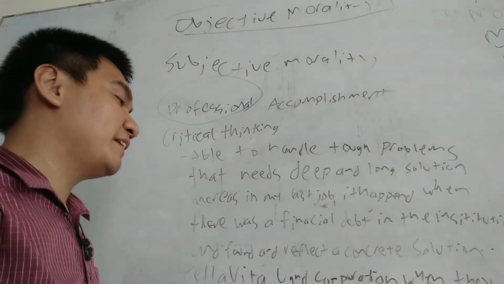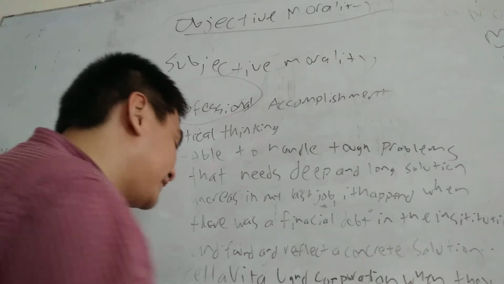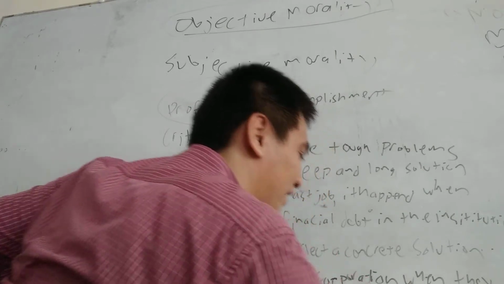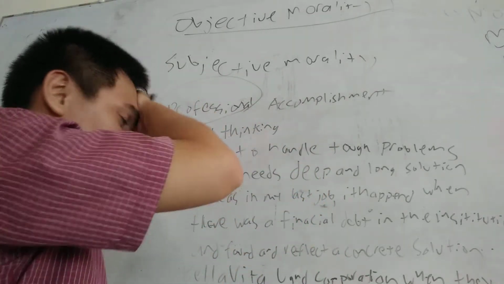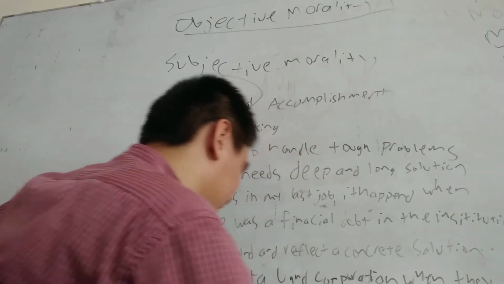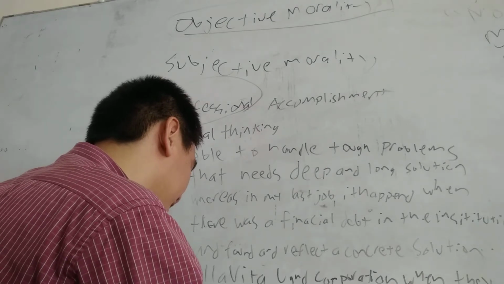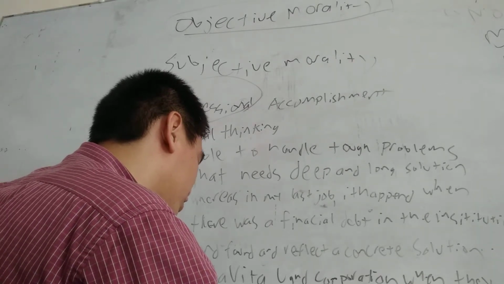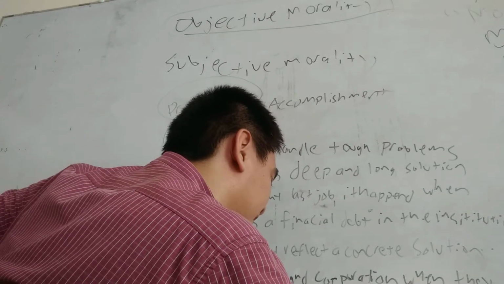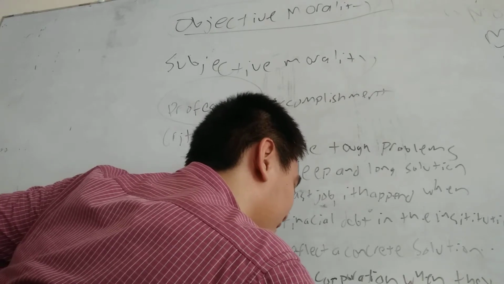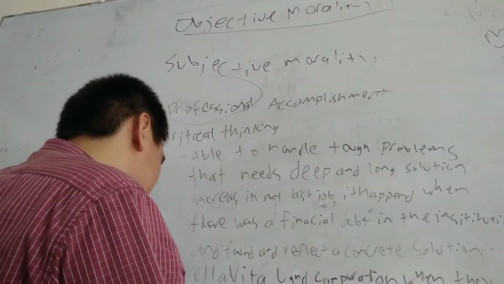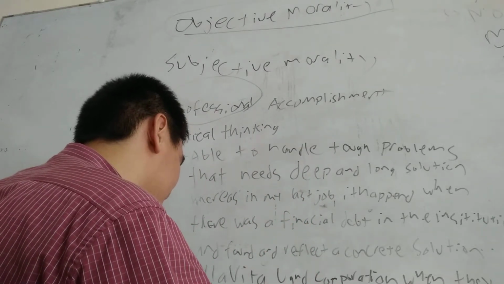So, you just put an illustration of the jobs or projects that happened in your skill. Now, you're going to explain this briefly. For example, I'm going to write this one. Bella Vita Land Corporation, when they had a shortage in auditing, during that time, there were misplaced documents.